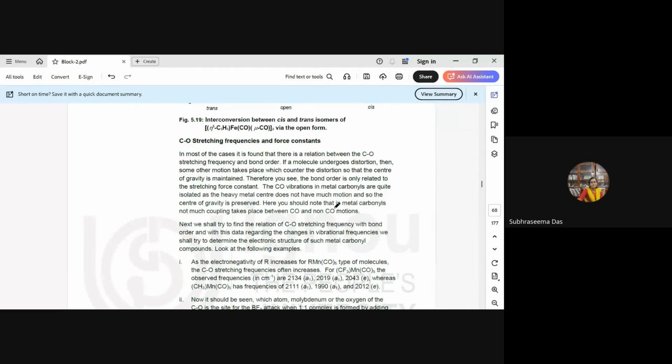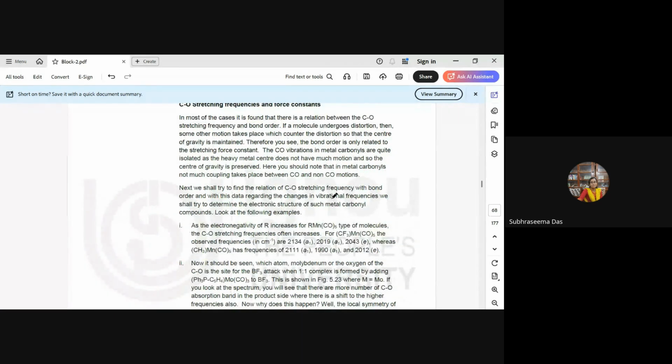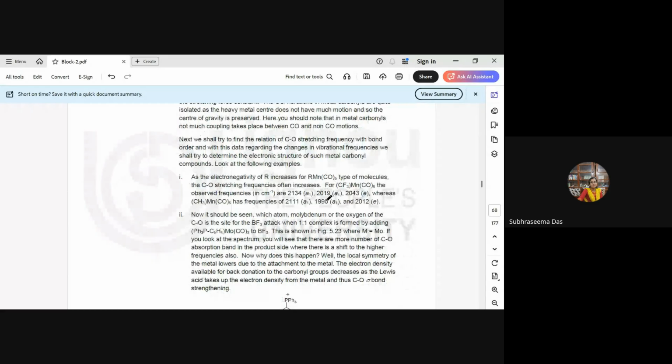We will try to find the relation between the CO stretching frequency and bond order. For example, as the electronegativity of R increases for RMn(CO)5 type molecules, the CO stretching frequency often decreases.